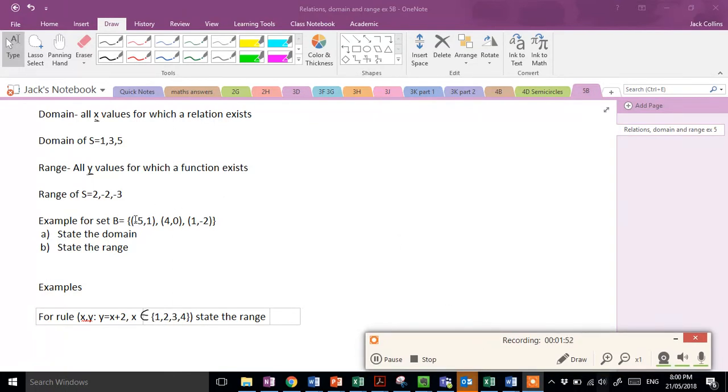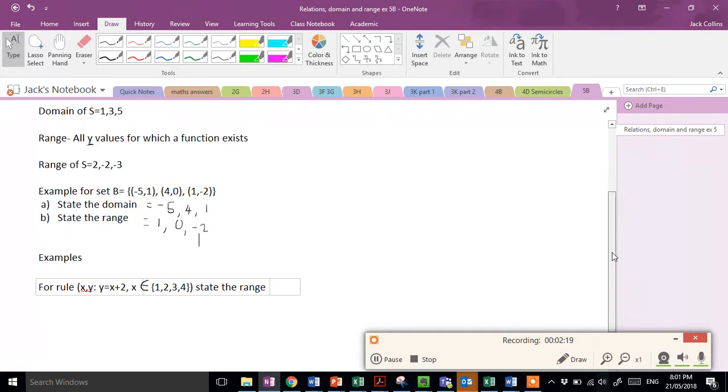Cool, so hopefully you've had a crack and you've come to realize the domain would be equal to -5, 4, 1, lining up with the x values in the ordered pairs, and the range would be 1, 0, -2. And if you rearrange them in ascending order generally, we'll go -2, 0, 1.